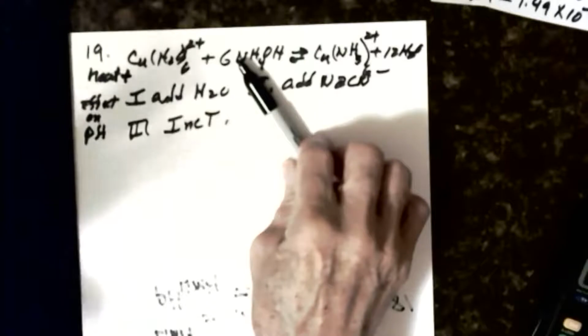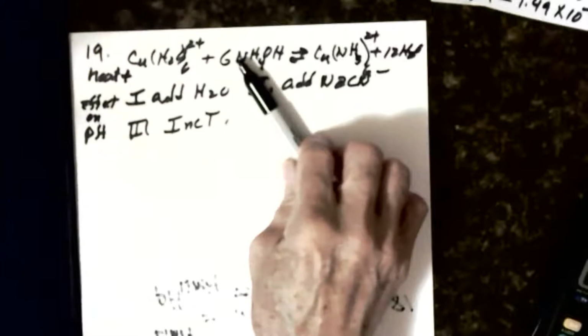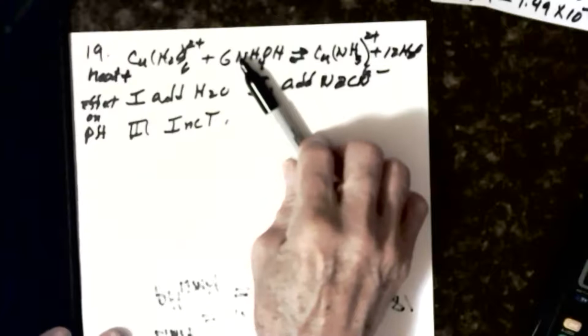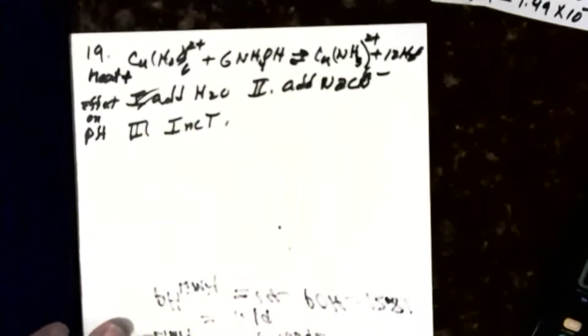So what would happen if you add water to something that's acidic? Well, you add water, it becomes more basic. You dilute everything. So when I add water to that, the pH is going to go up. So certainly it's not going to involve number 1. If I look at the 3 answers, A does have number 1 included, so it can't be right. It has to be one of the other reactions.